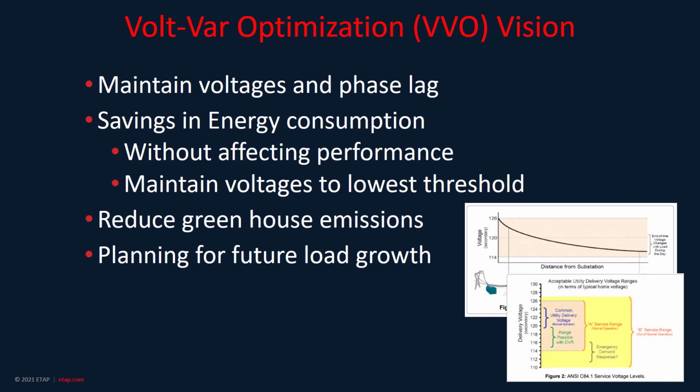Okay, now moving on, the next analysis module is volt-var optimization, or VVO. Volt-var optimization and control finds and sets the optimum settings of voltage and VAR control devices, LTCs, voltage regulators, and switched capacitors in a distribution system, considering objectives and constraints.